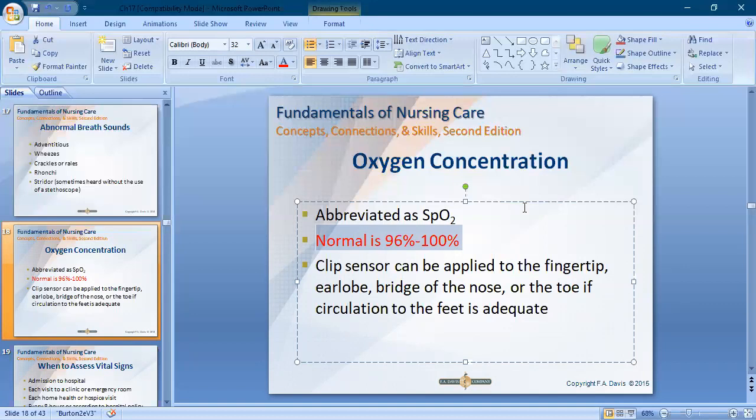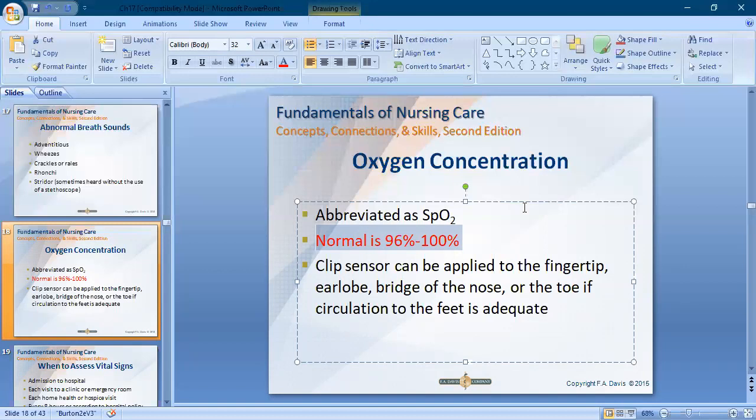If anything is related to the saturation of oxygen and the rate is less than 96%, like 91, 92, or 89, we have to go and check this patient first. This is the answer to the prioritization question.